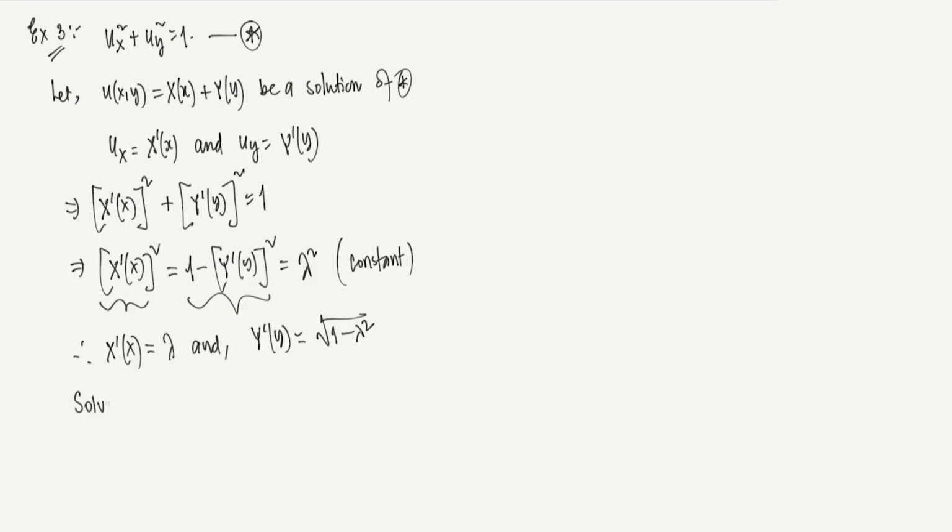Now, of course, you can solve it. Solving all this, we get X of x to be lambda x plus a constant c1, and Y of y you are going to get as root over 1 minus lambda square y plus some constant c2. Clear?